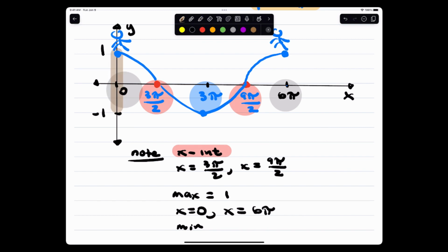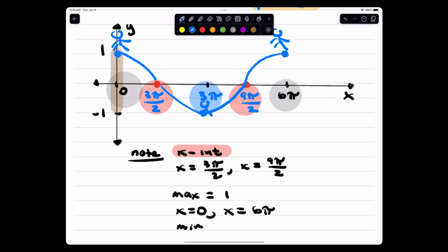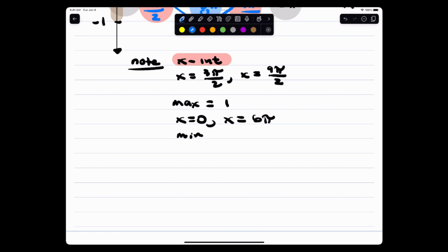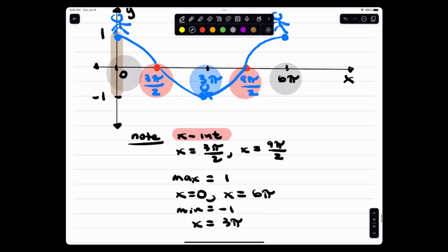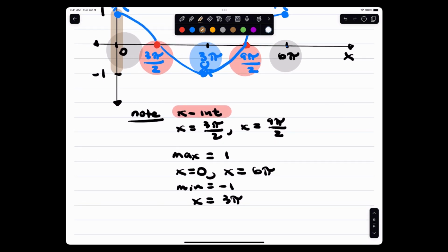What that means is you're in a valley here when x is 3 pi. You're at the lowest value. The minimum value is -1. And that happens when x is what? 3 pi. So, ladies and gentlemen, this is why you care about that information that we're looking at here.